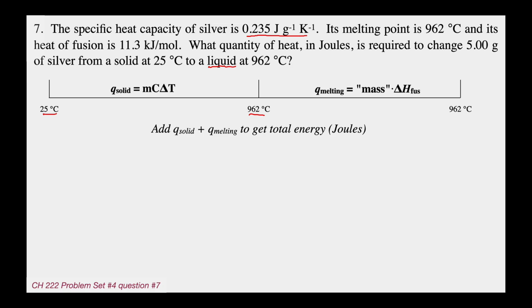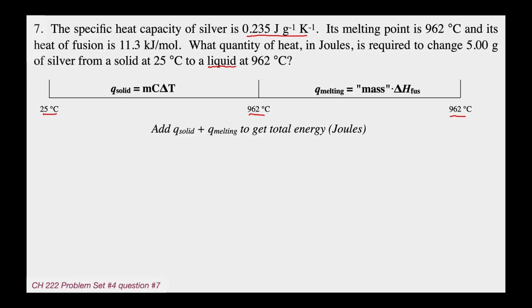But then there's going to be a second part, which here I called Q melting, and that's the mass, quote unquote, because you never know if mass is going to be grams or moles or whatever, and then it's going to be multiplied by the heat of something. And in this case, it's the heat of fusion. Now notice that the temperature does not change, but we are changing the solid to a liquid with this value. And then the final answer will be adding those 2 Q's together, and that'll give us the total energy in joules, kilojoules, whatever.